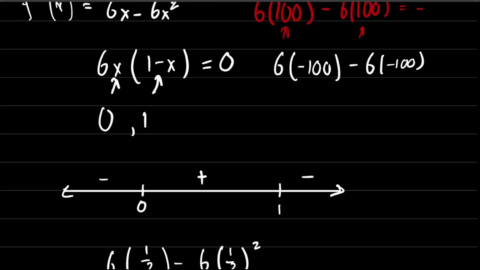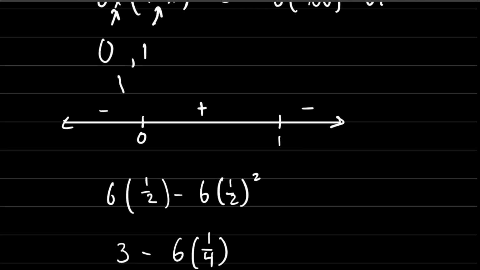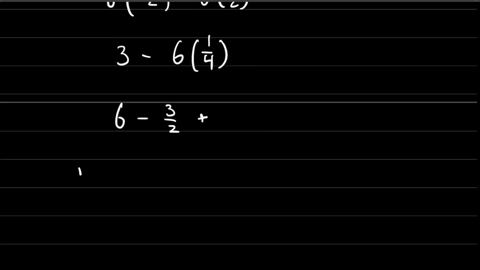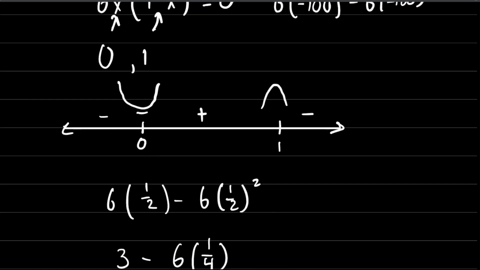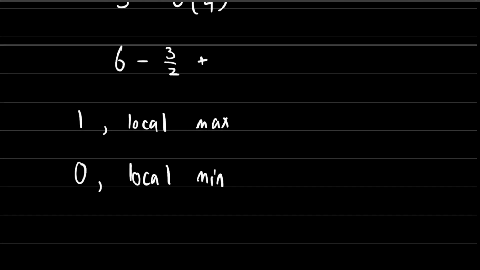So right here it's positive. So from here we're going negative, negative, negative to positive, positive, positive. Here we're going positive, positive, positive to negative, negative, negative. So at 1, we have a local max, and at 0, we have a local min. It looks like this and like that.